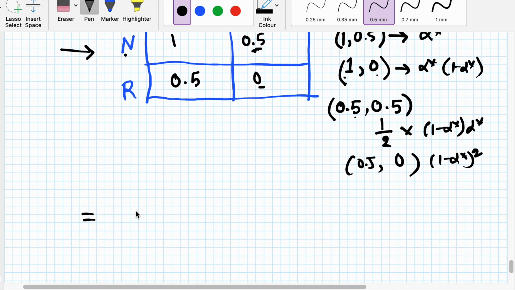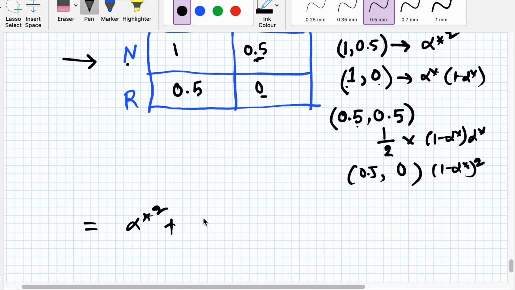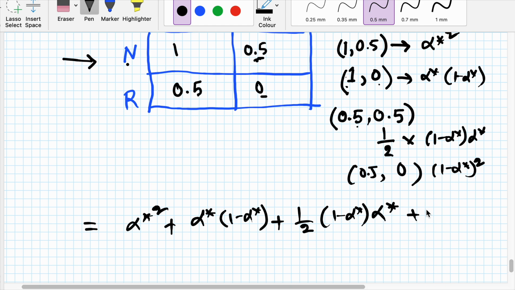That probability will be alpha star square plus alpha star into 1 minus alpha star plus half into 1 minus alpha star, and here plus 1 minus alpha star square. So this should be equal to the probability of choosing alpha star.